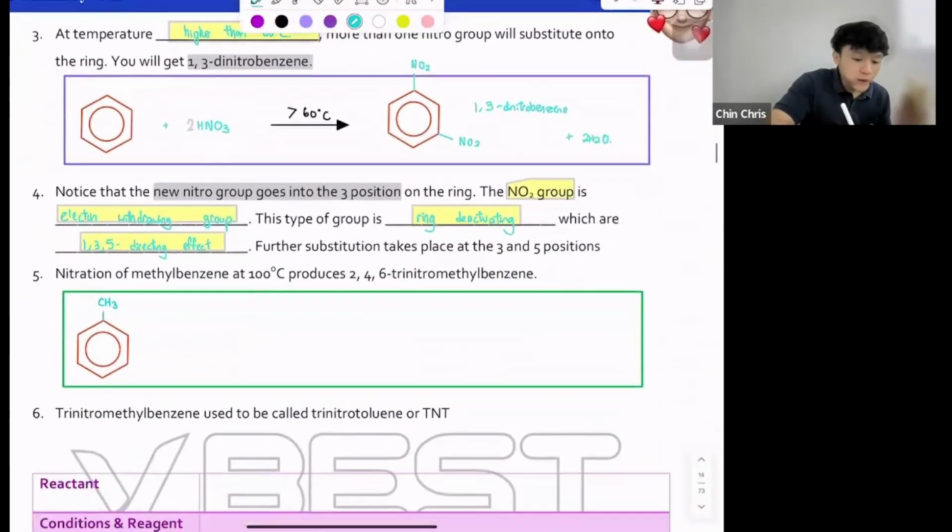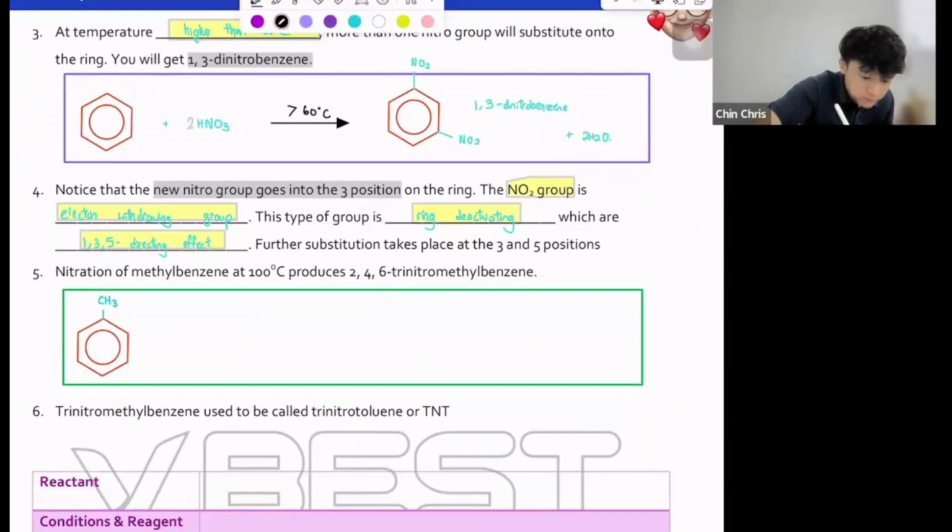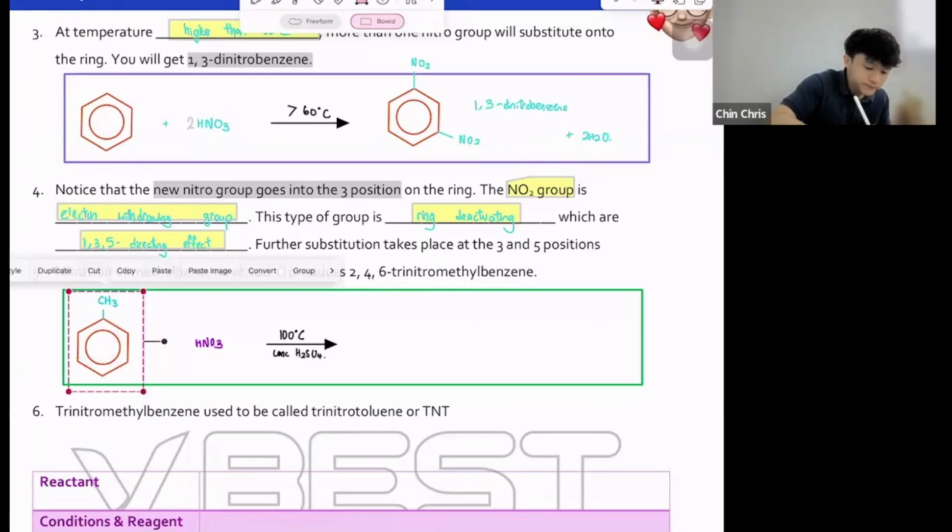Alright, guys, okay. If you take methylbenzene, I add HNO3. And if I put it at 100 degrees, concentrated H2SO4, where is it going to go?